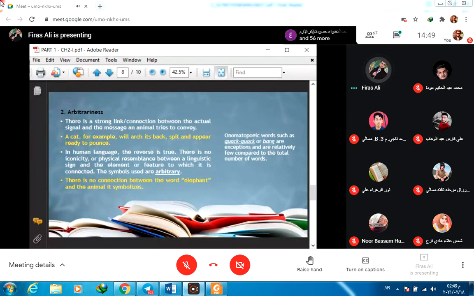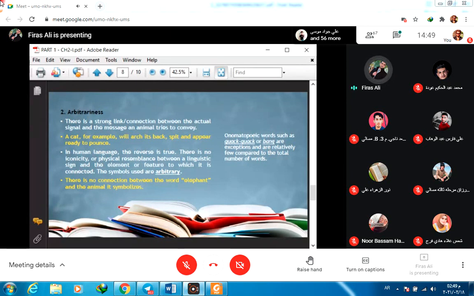Why do we call this huge animal elephant? There is no link. They just call it elephant. We could call it a mouse or a cat or an ant or a butterfly, but they just called it elephant. Language is arbitrary.